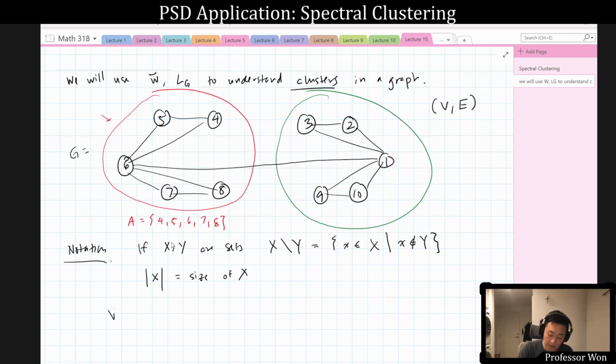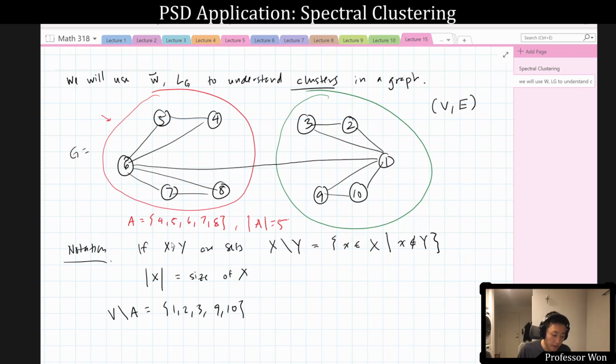So if I take V minus A, what I mean is the vertices 1, 2, 3, 9, 10, because I'm taking the set of vertices and removing all the vertices that are in A. And of course, the cardinality of A here is 5. Sorry, the size of A equals 5.